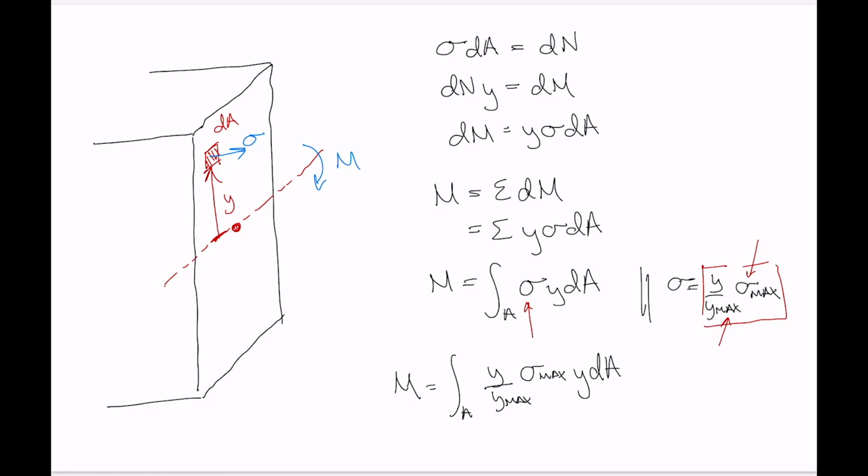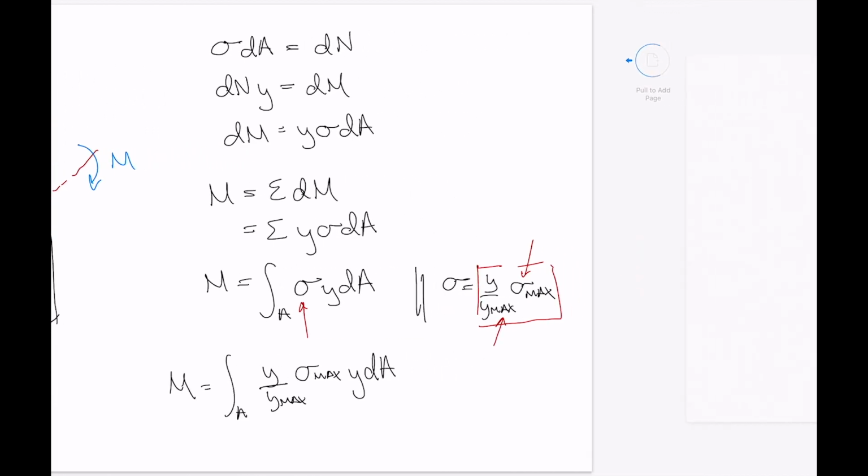And then we can do a little bit of rearranging. Like I said, sigma max and y max are both constants, so they can move outside of the integral sign. So we have M is equal to sigma max over y max, and then the integral over area of y squared dA.